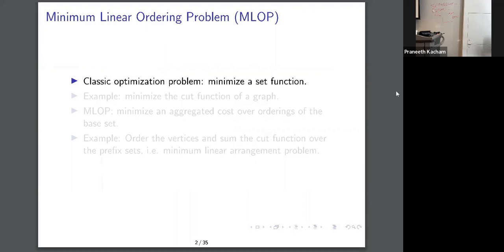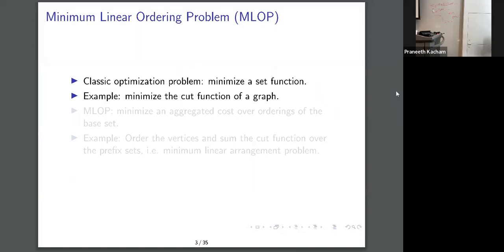So what are minimum linear ordering problems? In classical optimization problems, we want to minimize a function over, for example, subsets of a set. And as we will see, minimum linear ordering is a very natural counterpart to that.